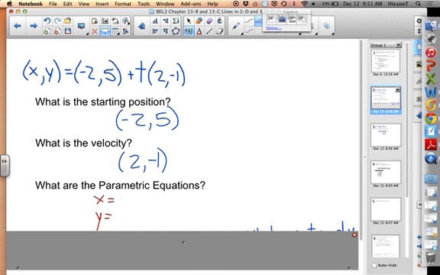Good. -2 is our horizontal starting position. 2 is the horizontal component of our velocity, so -2 plus 2t would be the x parametric equation. Does everyone see where we got that from?